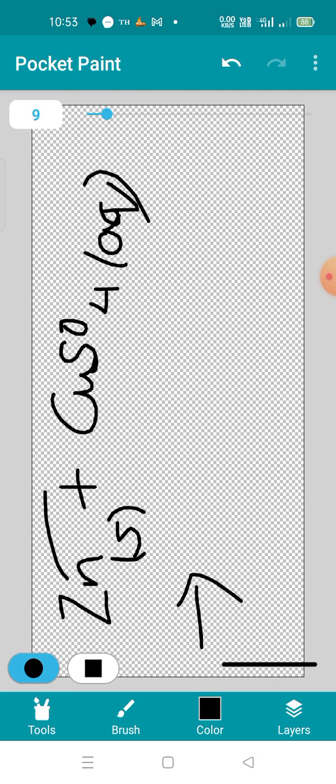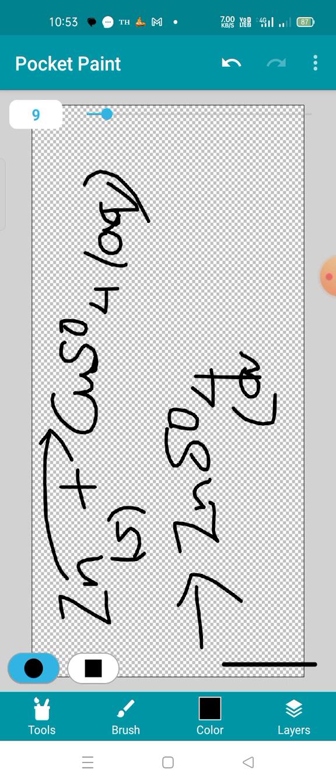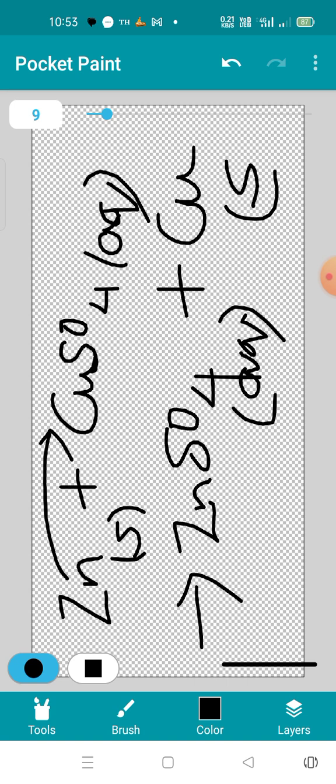Zinc being more reactive than copper will displace copper from copper sulfate solution. So zinc sulfate is formed. Zinc sulfate is soluble in water, so I'm writing AQ, saying that zinc sulfate is solution, and copper will be displaced. Copper is solid. So now they are asking us to tell the color of the solution formed.